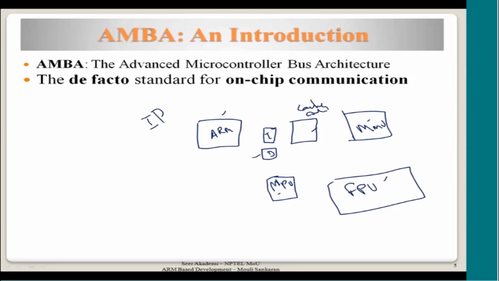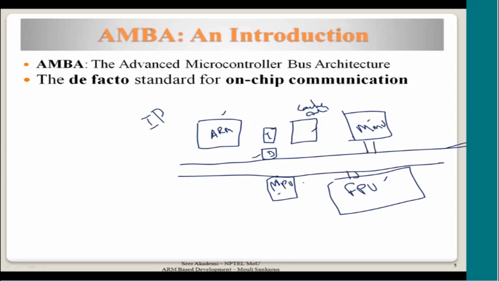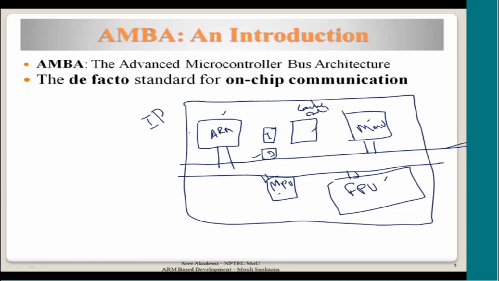Now, having given this, if there is no uniform way of connecting them all together, then there will be an issue, because the performance and power as well as cost, everything that we gain using these modules, will be achievable only when we have an interconnect which is well designed and meets the requirements of the low power design that ARM is targeting.